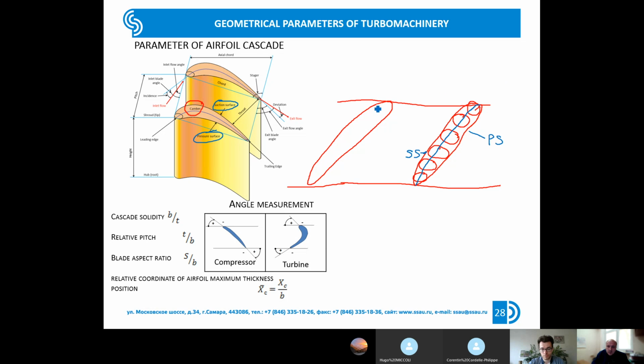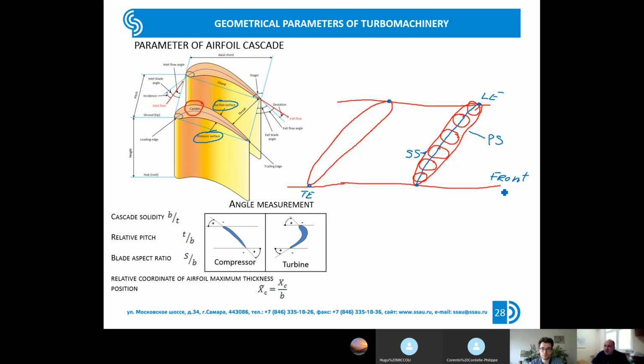After that we draw lines which connect the leading edges of all blades. This is the leading edge. And we draw the line which connects the trailing edges of all blades. So finally, for an axial blade row, we receive a straight line, and this line is called the blade row front.